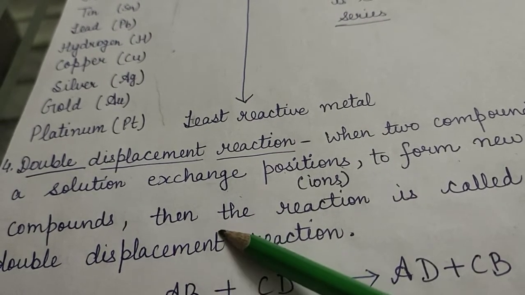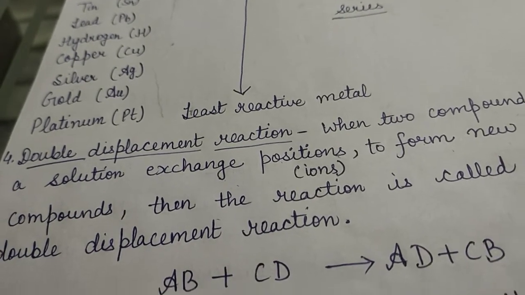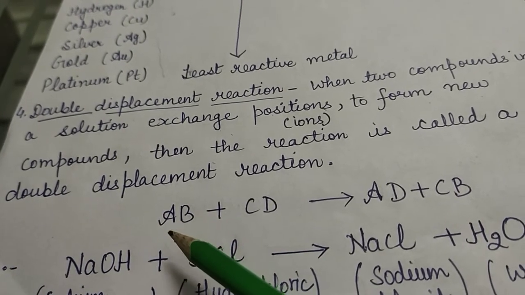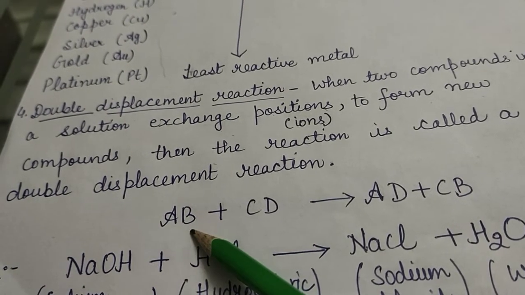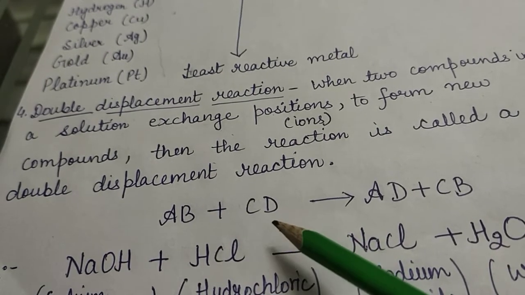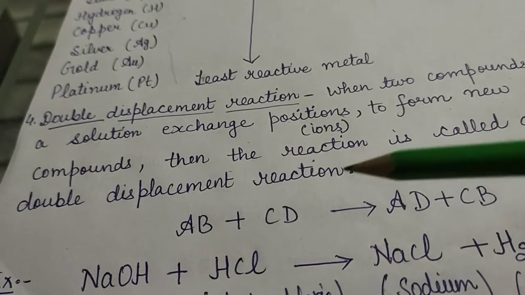New compounds. Then the reaction is called what? A double displacement reaction. See, here I am having what? AB, one reactant. Second reactant is what? CD. Now, what is going to happen?